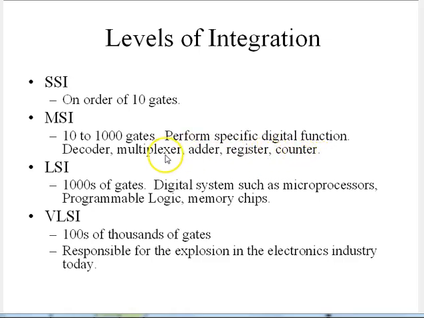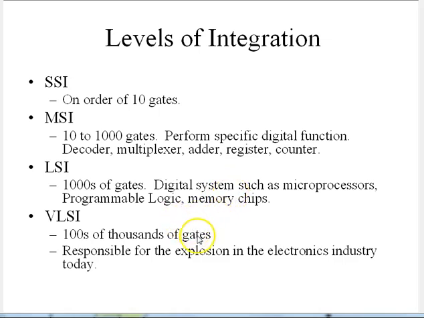Also we'll work with other digital functions: decoders, multiplexers, and adders. If we want large scale integration, thousands of gates, it's memory chips, small microprocessors, and EPROMs, and we'll talk about some of those later in the semester.